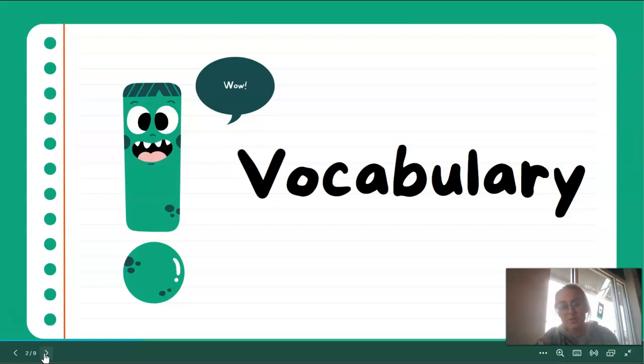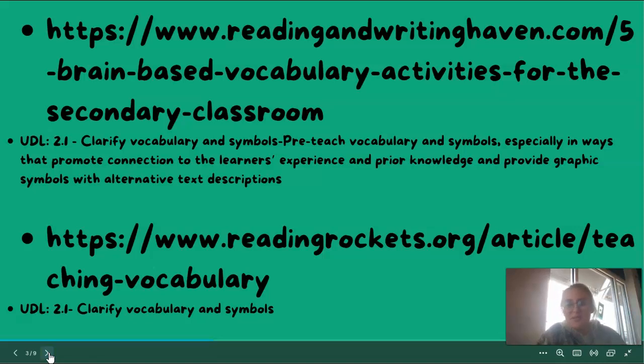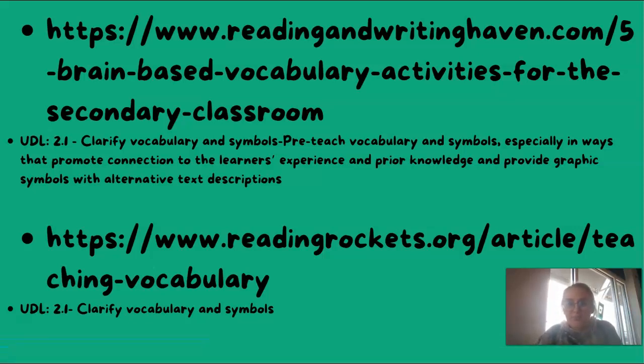So we'll start with vocabulary. These are my two resources, Reading and Writing Haven, and I really liked that one because the 5 brain-based vocabulary is a source that gives teachers fun ways to help their students understand vocabulary.